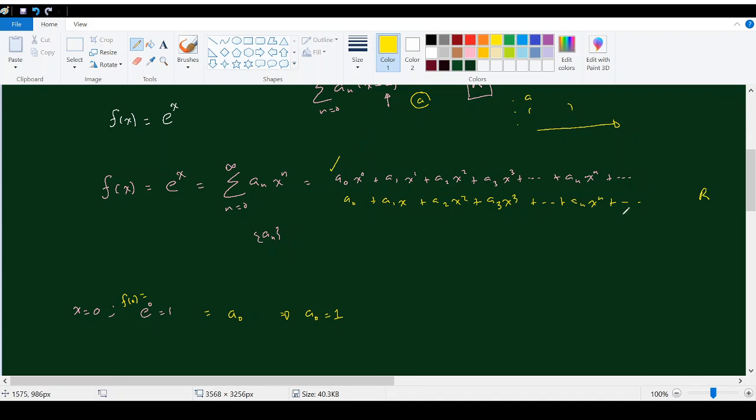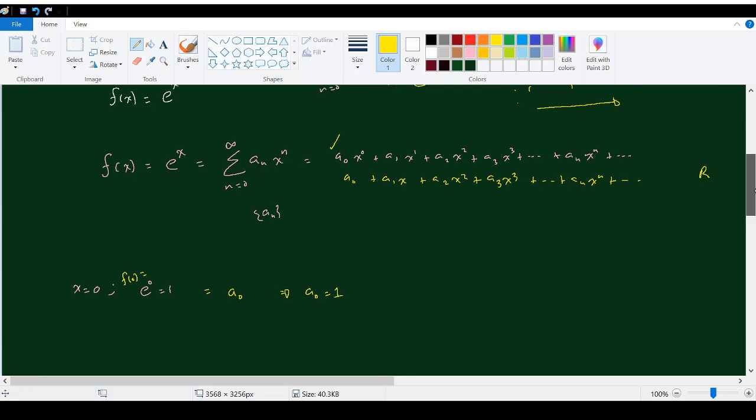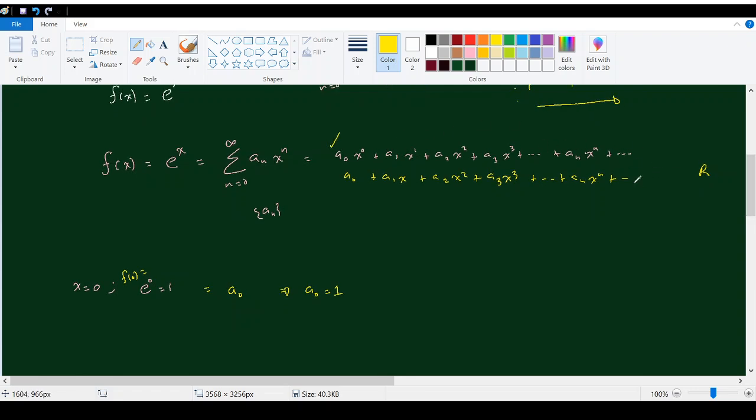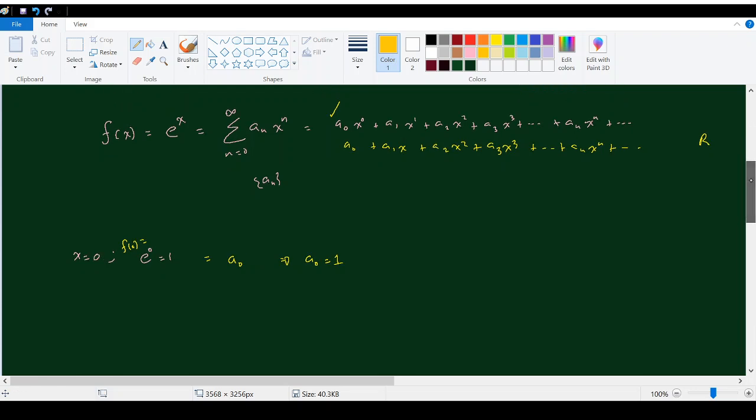Now we know the value of a0. How about the other values? How are we going to find the remaining coefficients using this equation? The method I am going to explain is a very standard technique, so you just have to be familiar with that process of finding the coefficients.